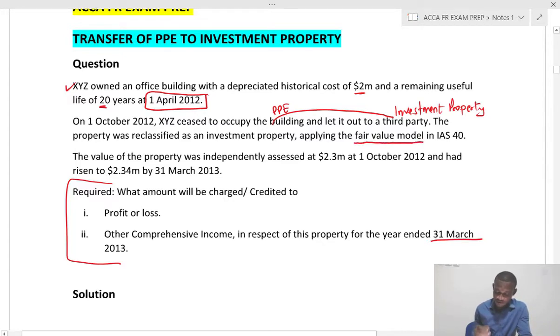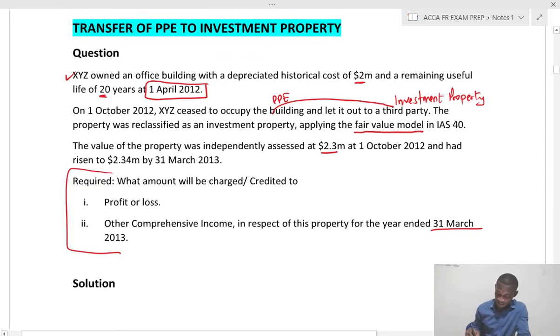And we have to take note of this, because the model would give us how the subsequent measurement will be accounted for, be it in P&L or in OCI. The value of the property was independently assessed at 2.3 at 1st October 2012, which is the date of the transfer, and had risen to 2.34 by 31st March 2013. So let's see how we account for this.